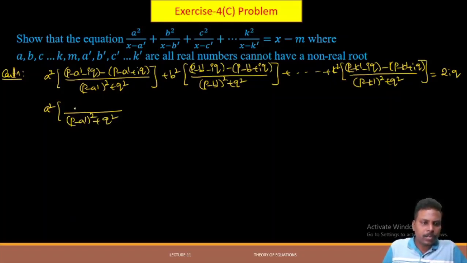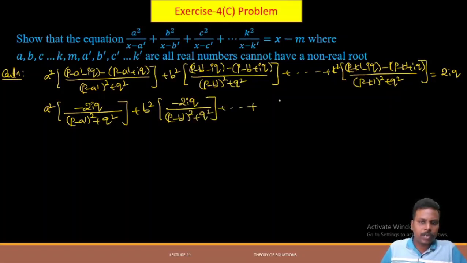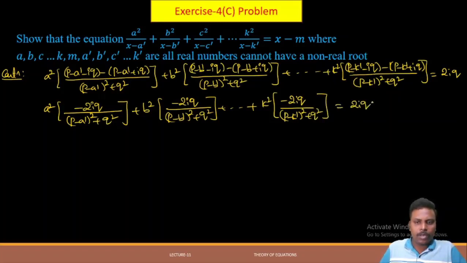This is going to be minus 2iq, plus b square into minus 2iq divided by p minus b dash whole square plus q square, and so on, k square into minus 2iq divided by p minus k dash whole square plus q square is equal to 2 into iq.